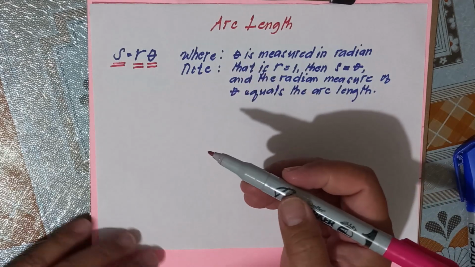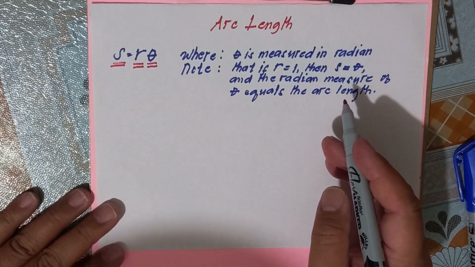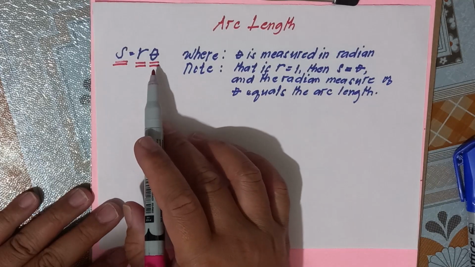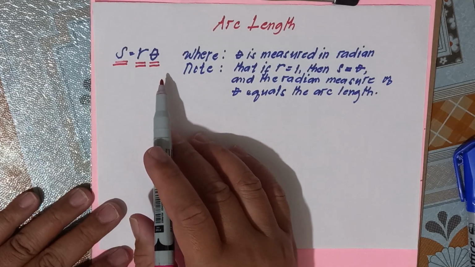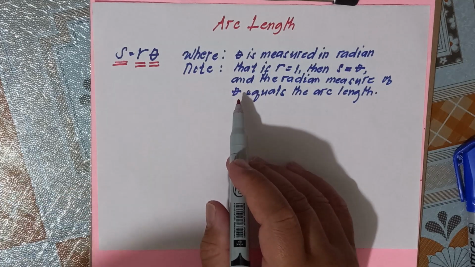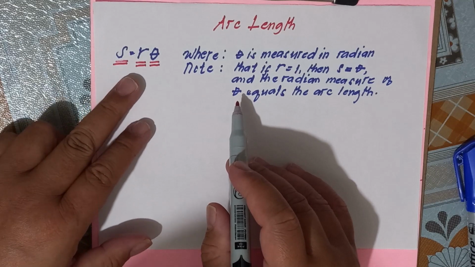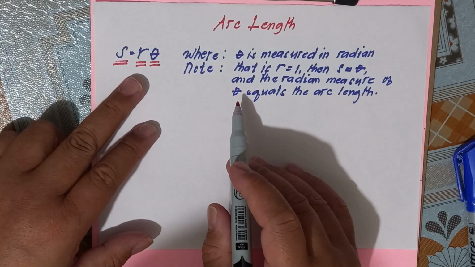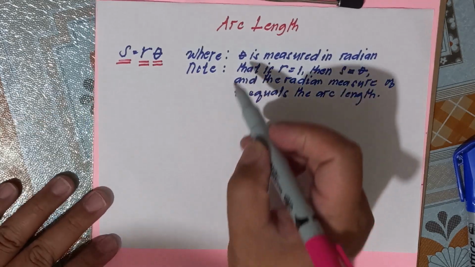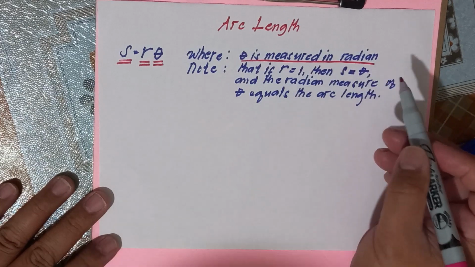So for the arc length, for a circle of radius r, a central angle theta intercepts an arc of length s given by this equation, s equals the product of radius and theta, wherein the angle theta is measured in terms of radian.